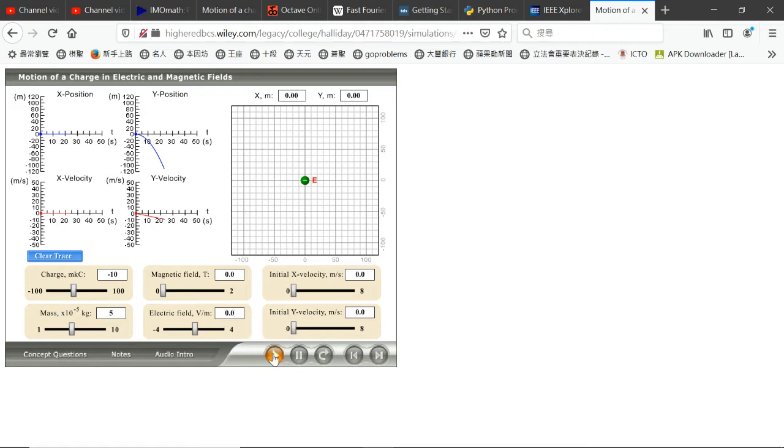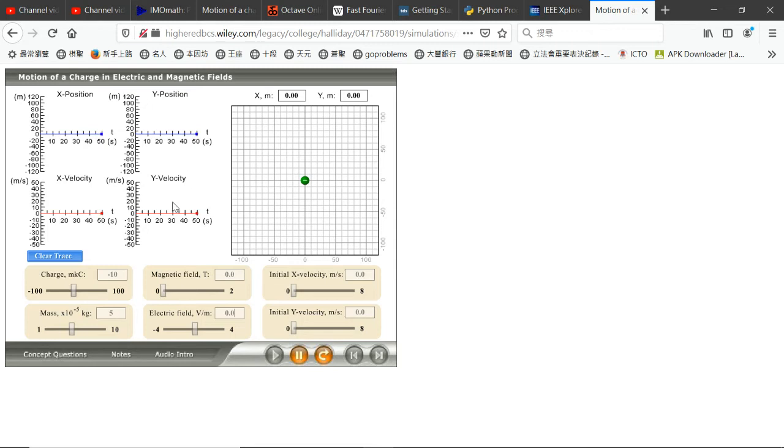So it won't move. You can see here, the charge doesn't move. I just need to create a trace.